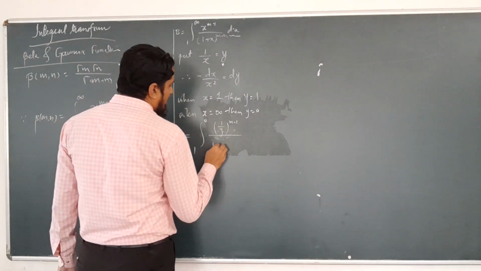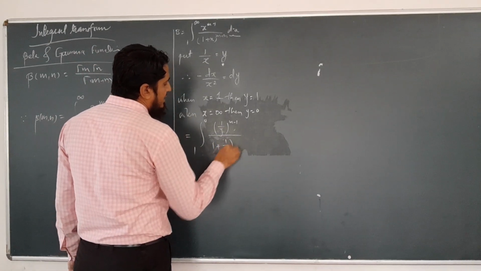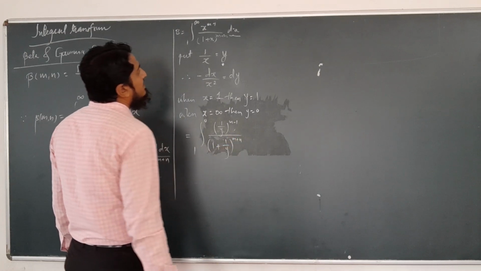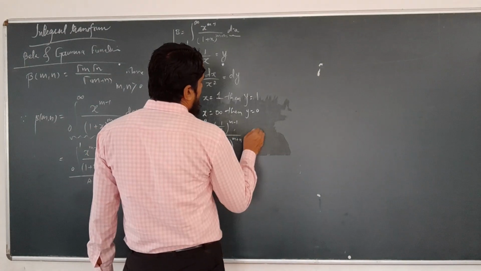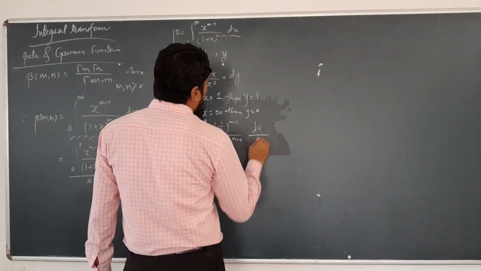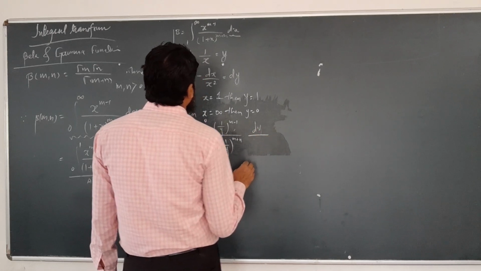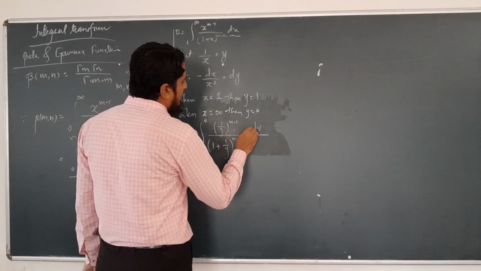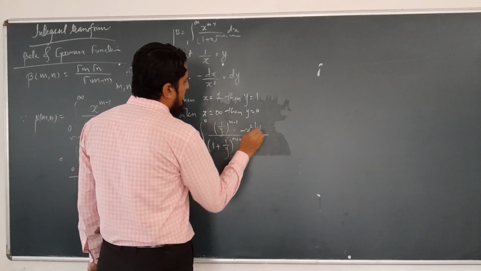Then 1 plus 1 upon y raised to m plus n, and dx is equal to minus dy upon y square.